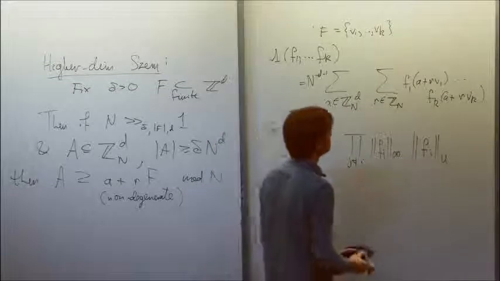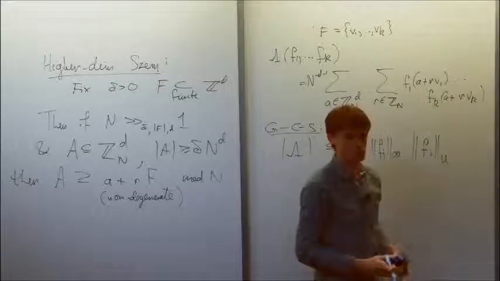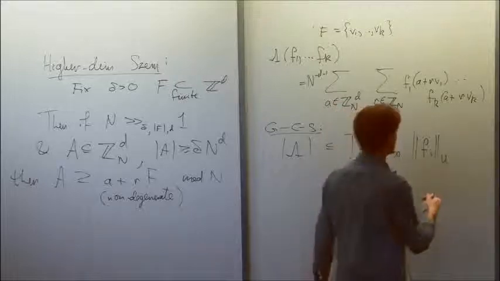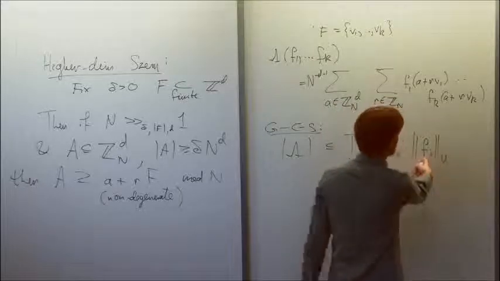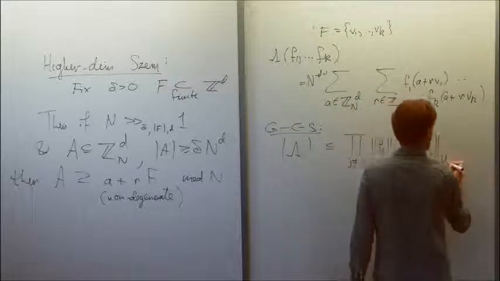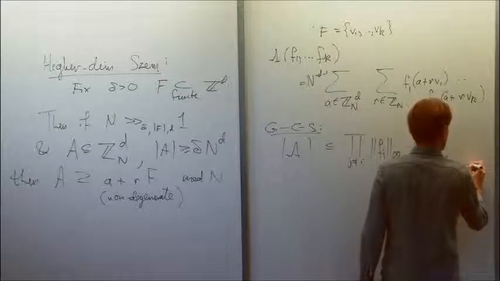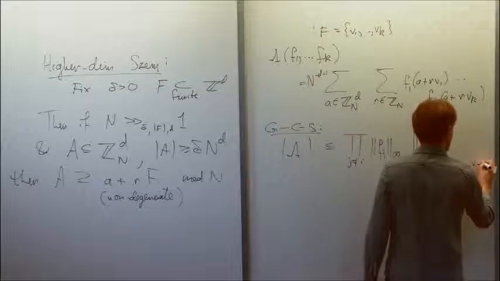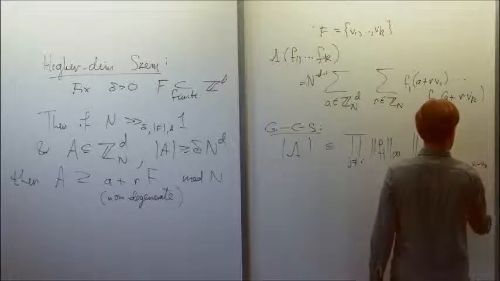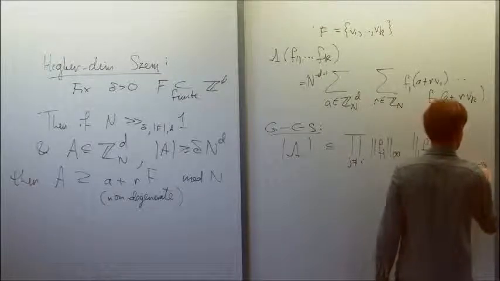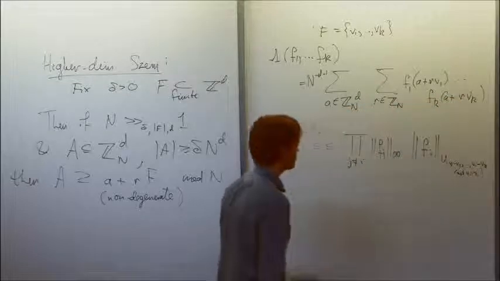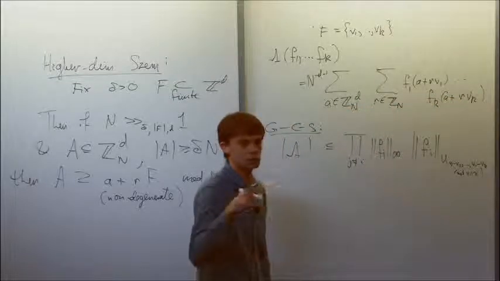Now it's something that has to remember the directions of these vectors v1 up through vk. And actually what happens is that the uniformity norm you have to apply to the ith function depends on the differences between vi and the other vectors. So vi minus vj, not vi minus vi. So this is some new Gowers norm, some new uniformity norm that depends on the choice of certain directions.